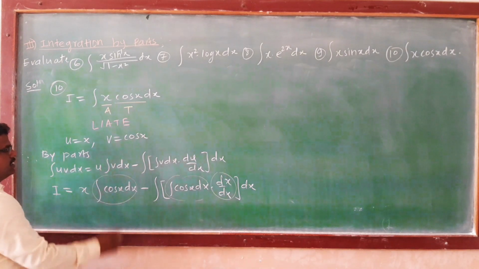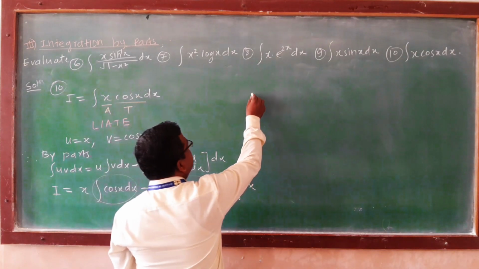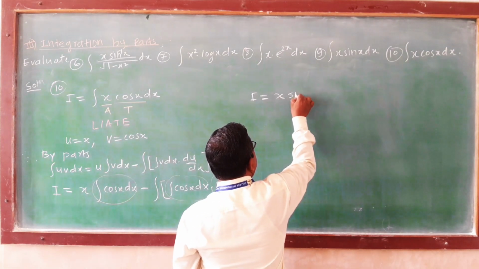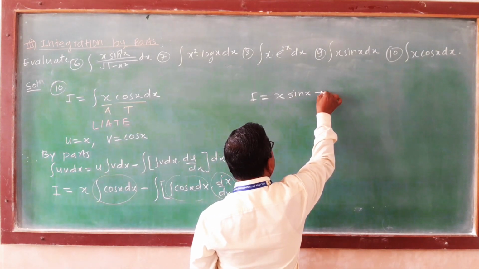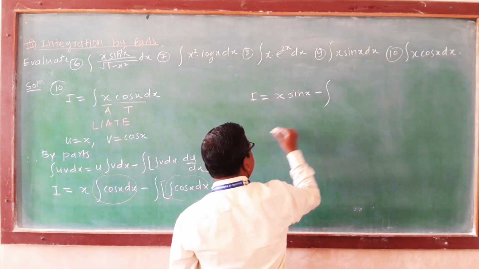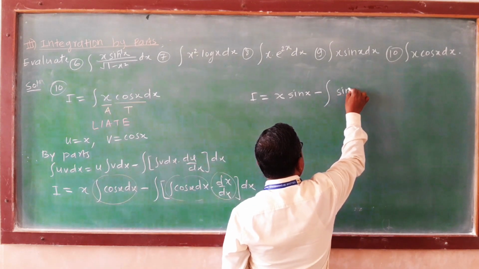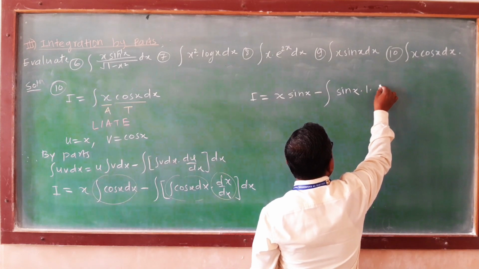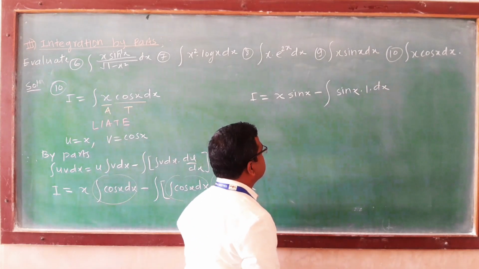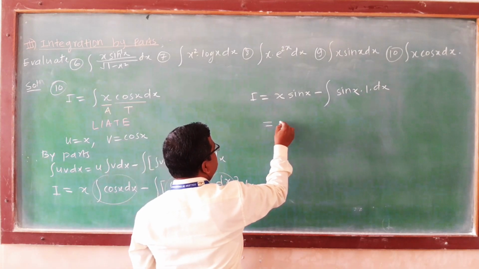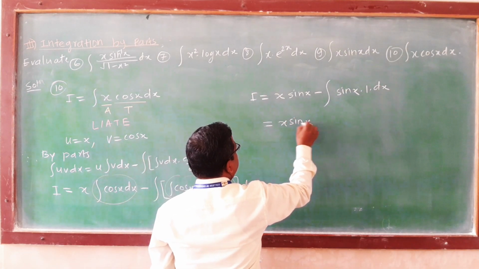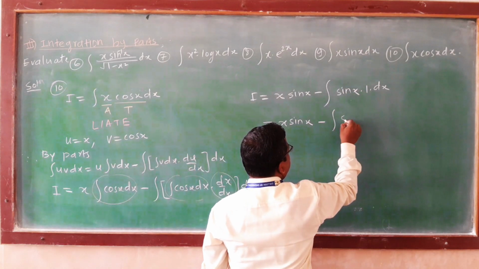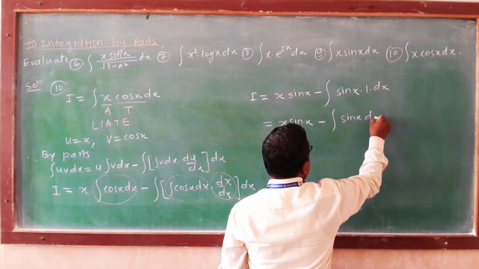Now we write the values of integration of cos x and the derivative of x. Integration of cos x is sin x, therefore I is equal to x into sin x, minus again integration of sin x (the integration of cos x) and the derivative of x is 1, with respect to x. So I is equal to x sin x minus integration of sin x into 1, sin x dx.